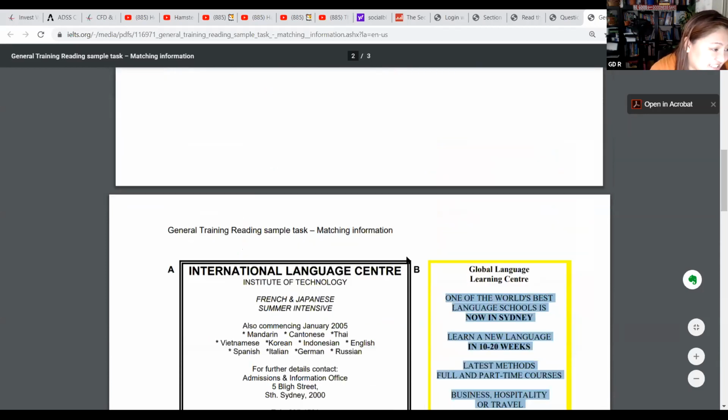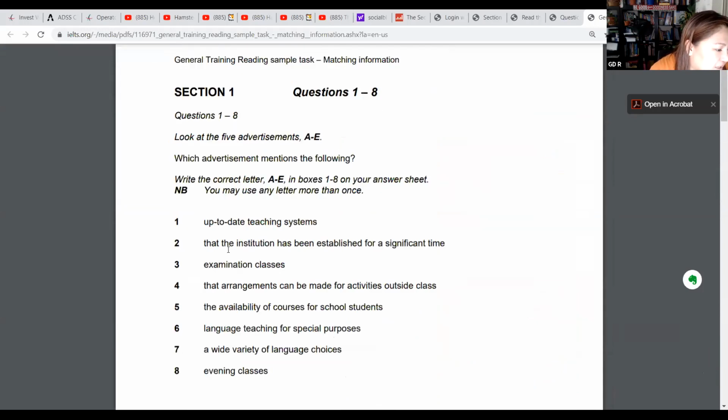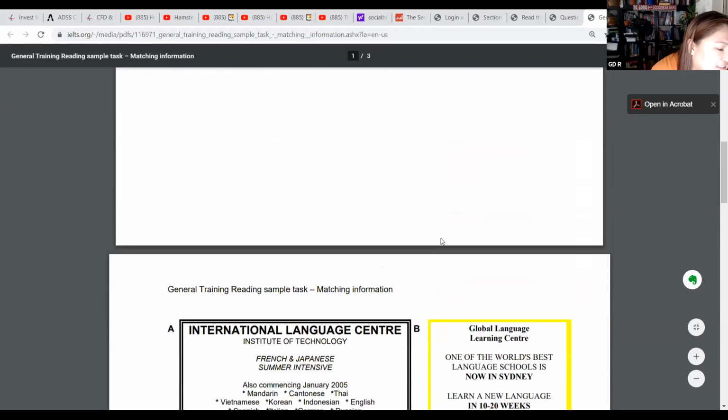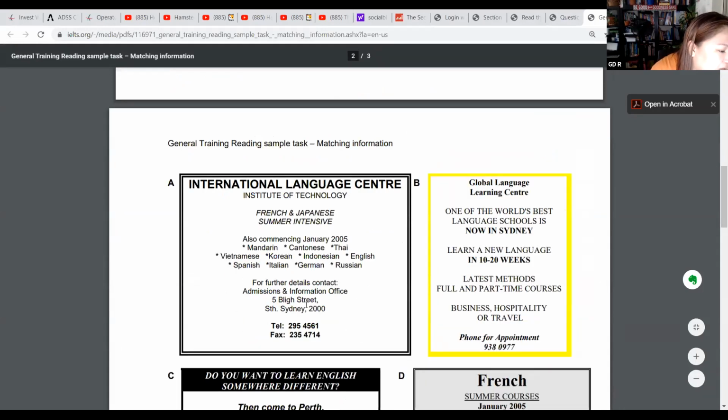Ganun lang siya, class. So for example, that the institution has been established for a significant time. Anong advertisement ang nagsistate na ganito? Advertisement A, wala. Advertisement B, wala.